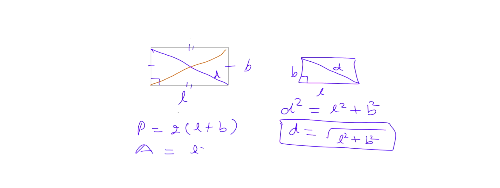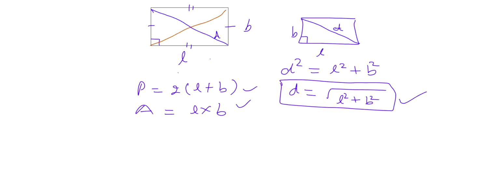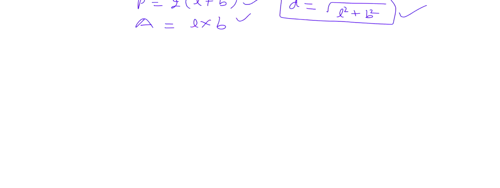These two you knew earlier, and this is what you are learning new. So now we come to the point of square. I hope that rectangle is clear. Yes, sir.